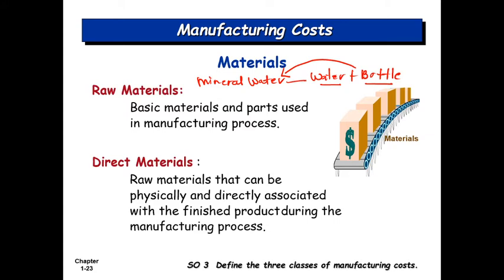What else? Maybe you want to produce a book. What is the raw material for a book? Of course, paper. So paper is the main material, and it's traceable. It's physically and directly associated with the finished product during the manufacturing process.